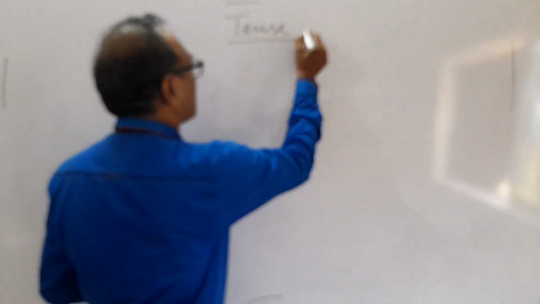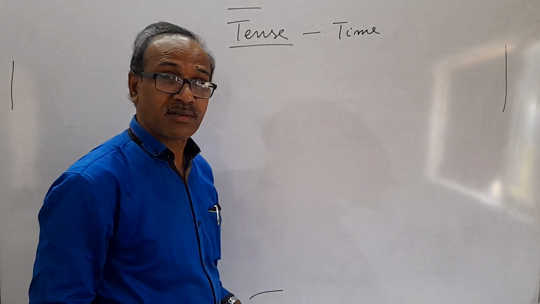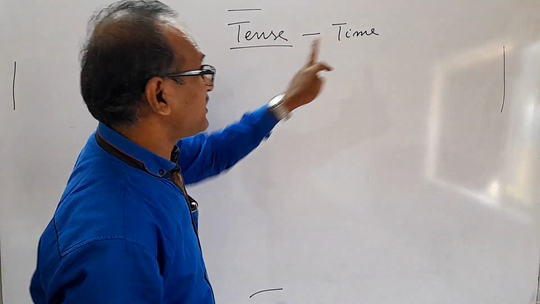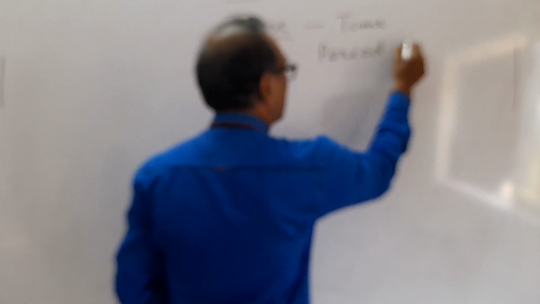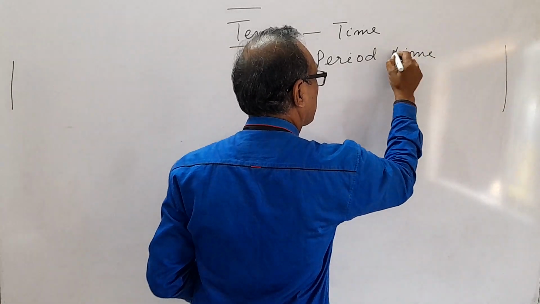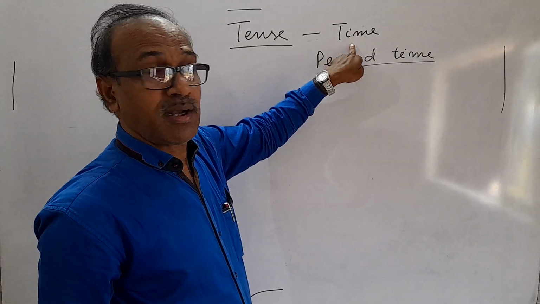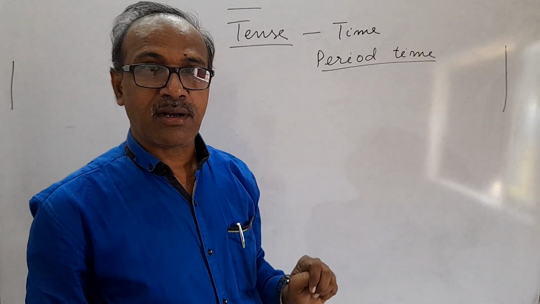Tense is related to time, but not just time. It is about period of time. Period of time, not time. Time is unlimited, but the period of time is limited.